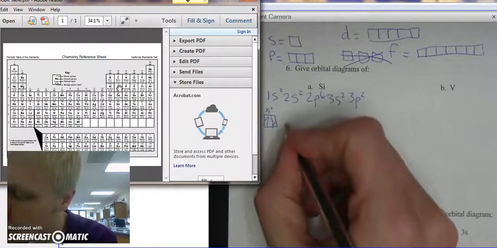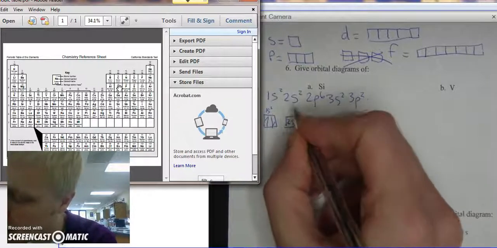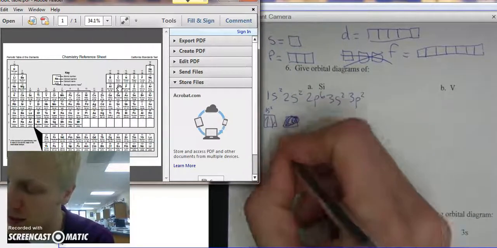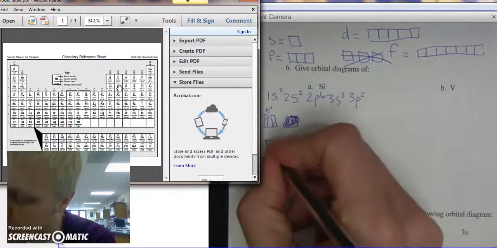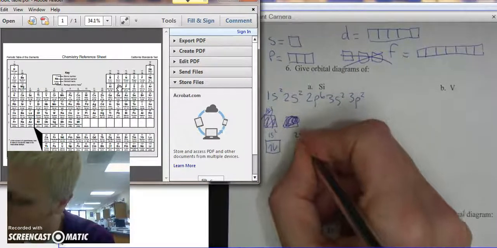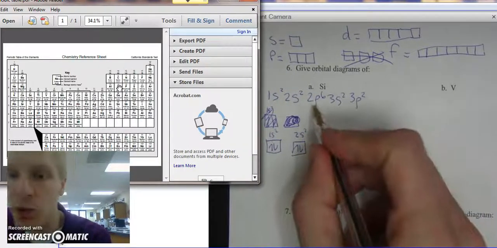Now we have the 2s2. Again, it's a single box. Here, let's rewrite that. 1s2, 2s2, filled up.